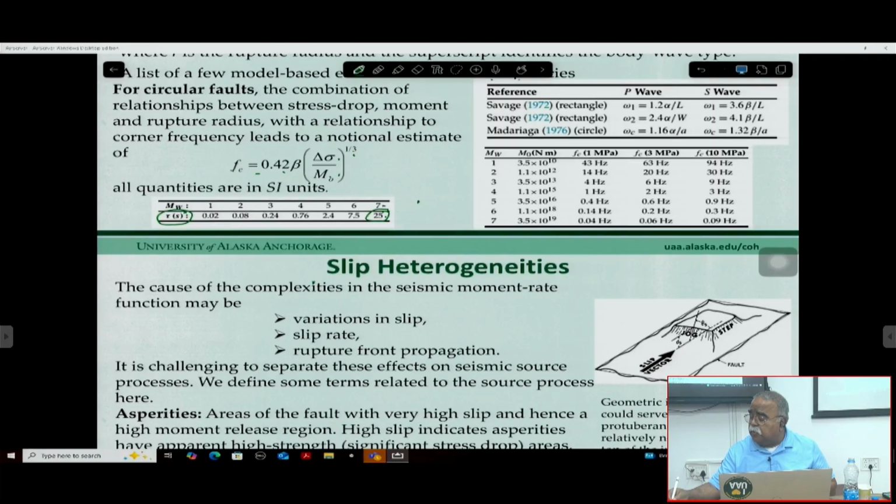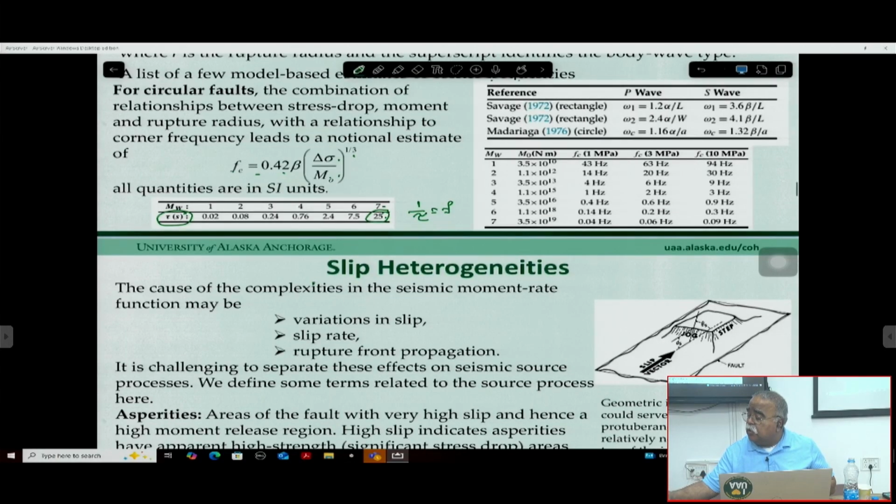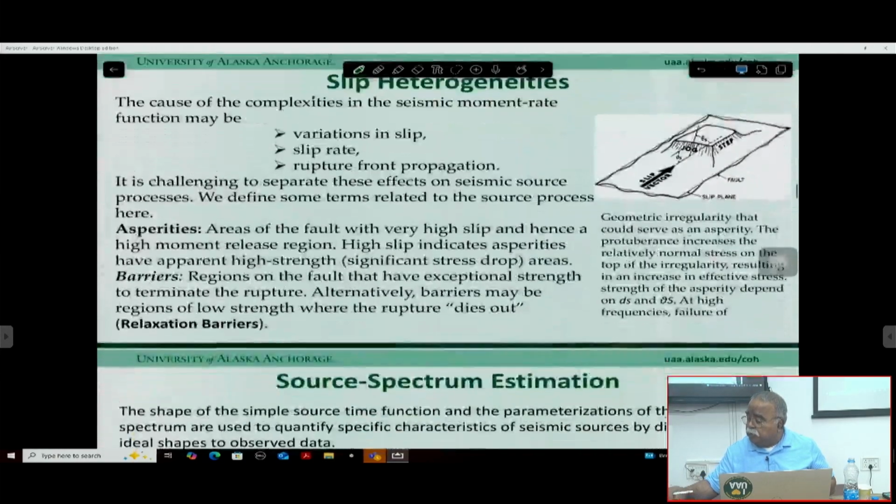So 1 by tau is basically your frequencies, right? That you can calculate, and m0 fc values for the different delta sigma. That means this is your delta sigma at the different values. You can calculate the magnitude mw from that.